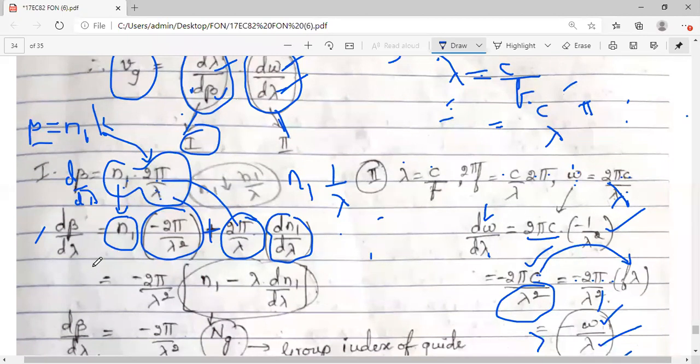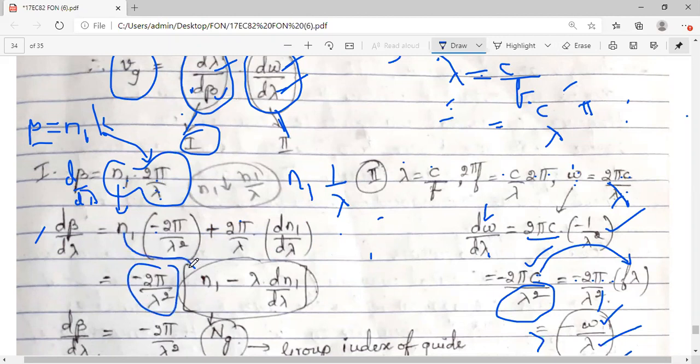UV form, reduce it. What can we do? There is a negative sign here in the first term, minus 2 pi. 2 pi is a common term, and in the denominator we have lambda square. So I will take lambda square common. In these two terms, you can take minus 2 pi by lambda square common.